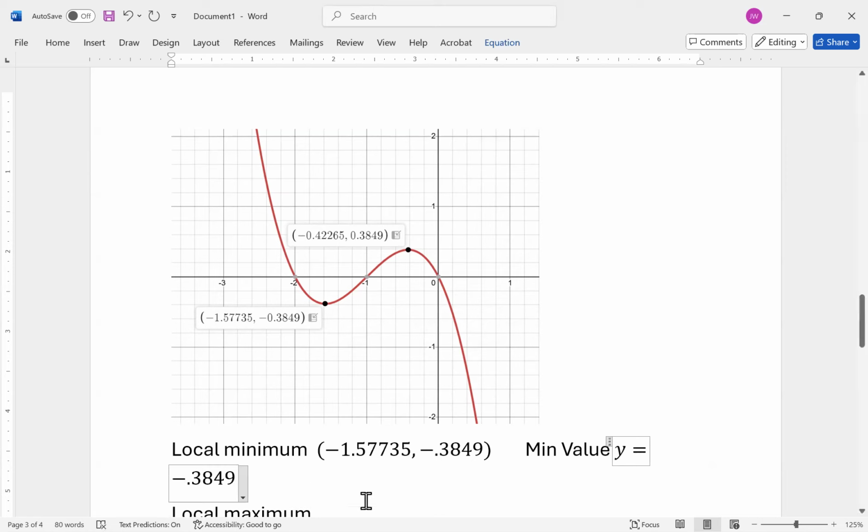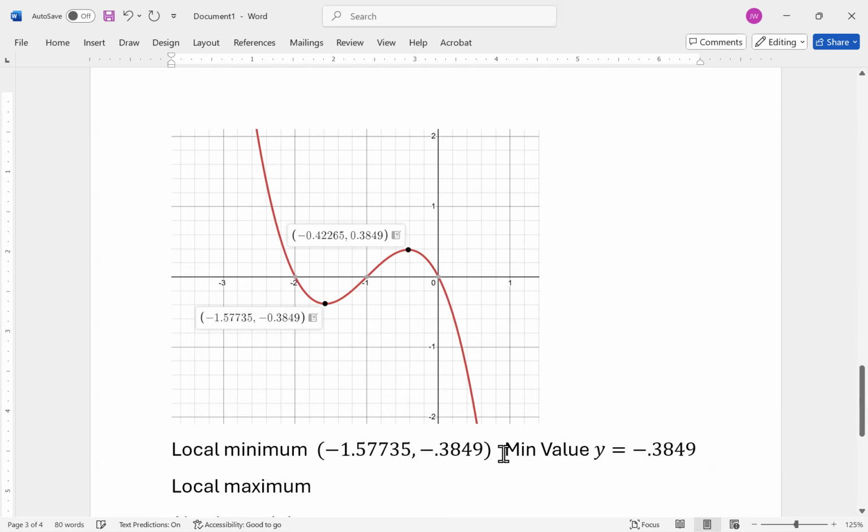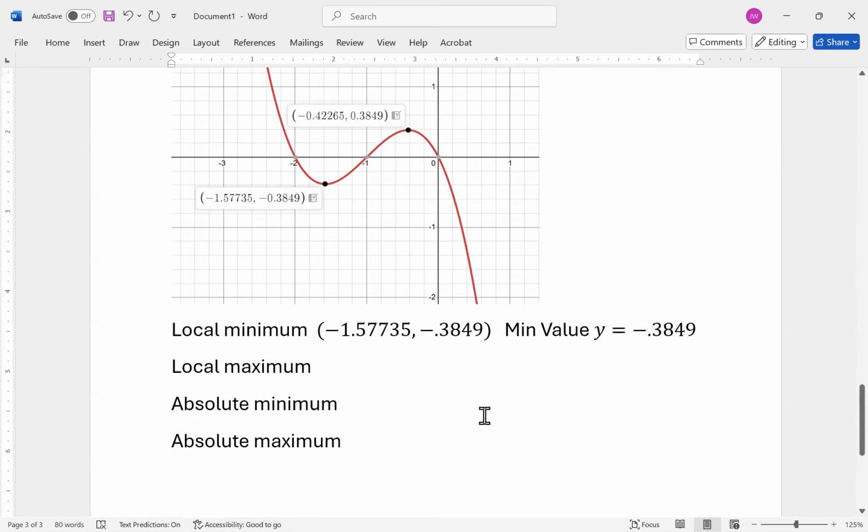When I'm talking about these, I'm obviously rounding to a couple of decimal places just to make it not as cumbersome. So that's the local minimum, this point right here, at about negative 1.58, comma, negative 0.38.